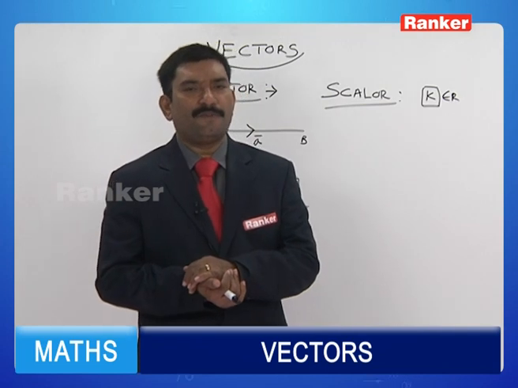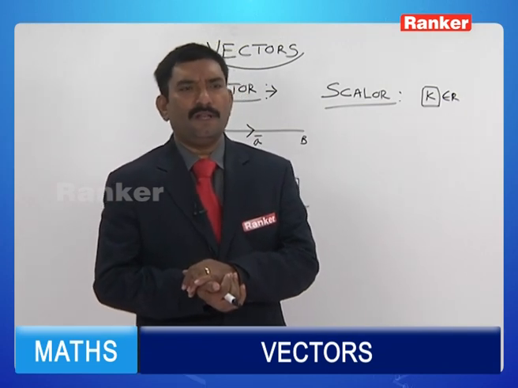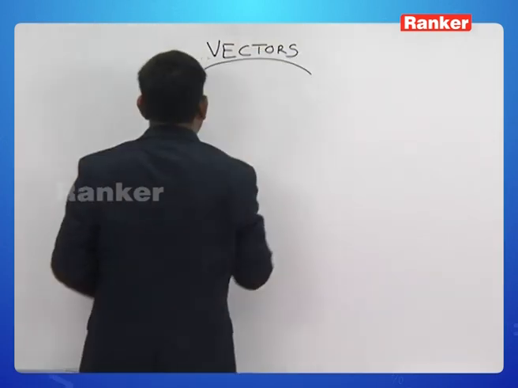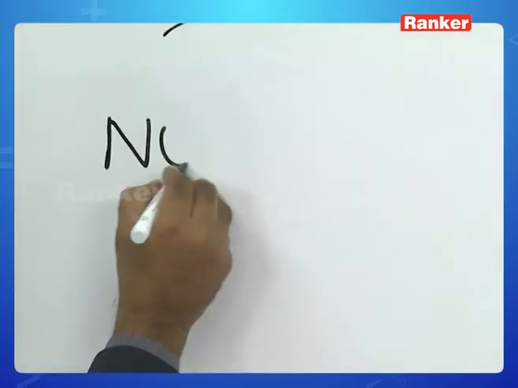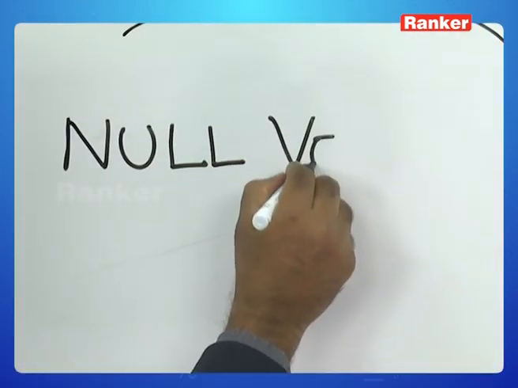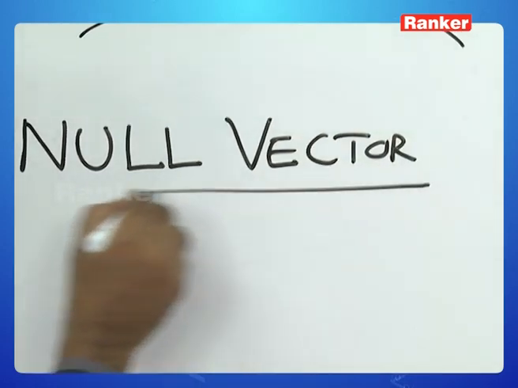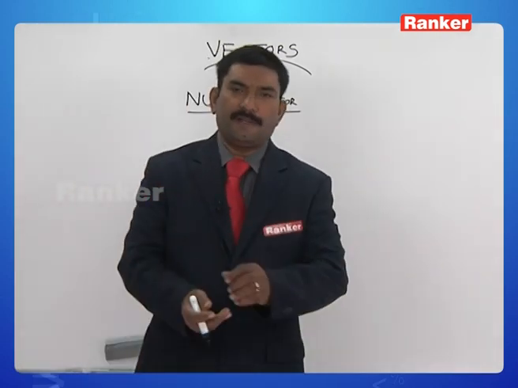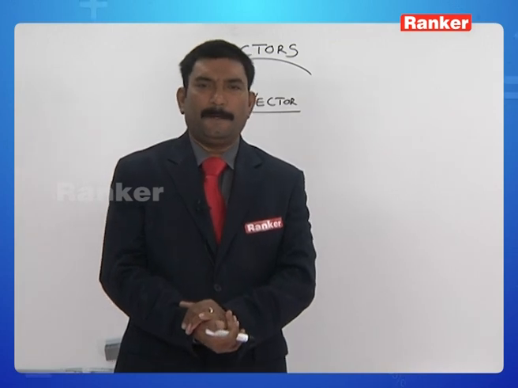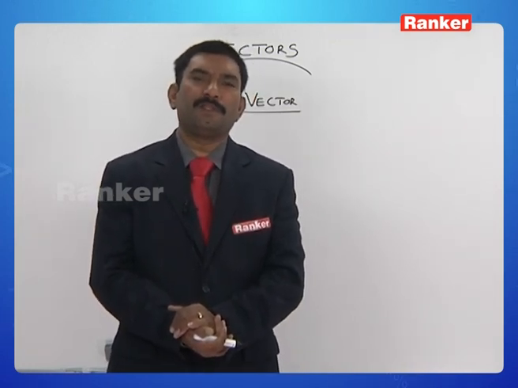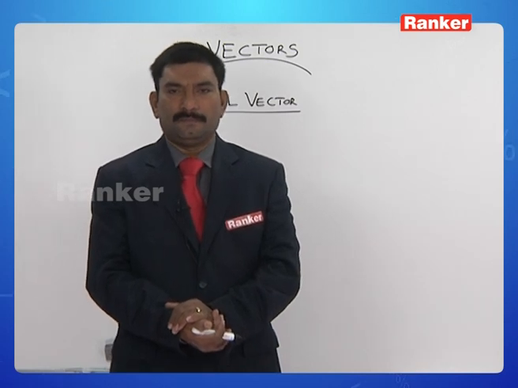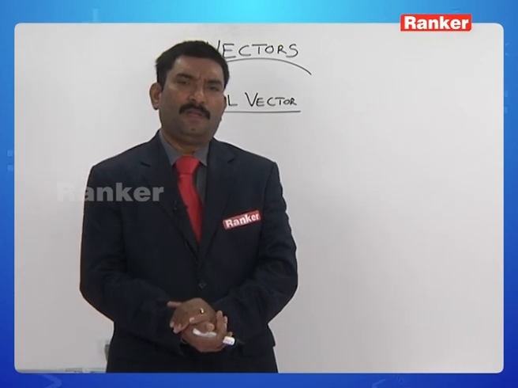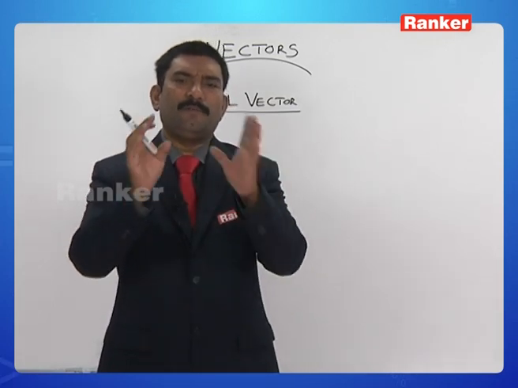After knowing the types of vectors, we come across the null vector. What is that? A null vector or zero vector is a vector having its magnitude equal to 0, but having a direction. In a null vector, the initial point is the same as the terminal point.